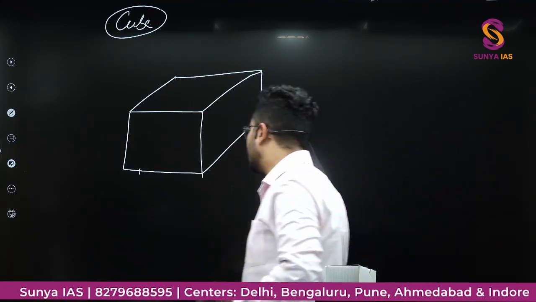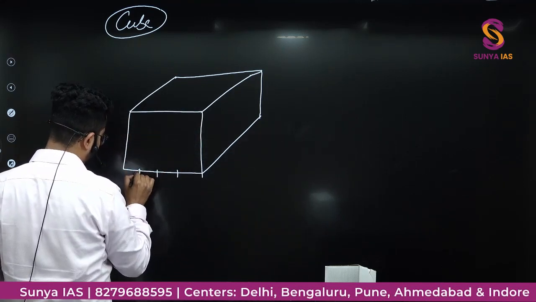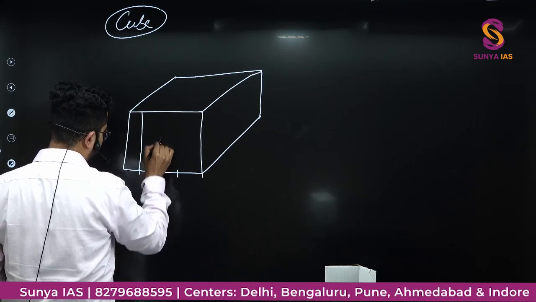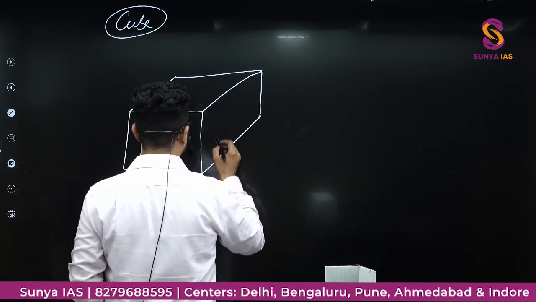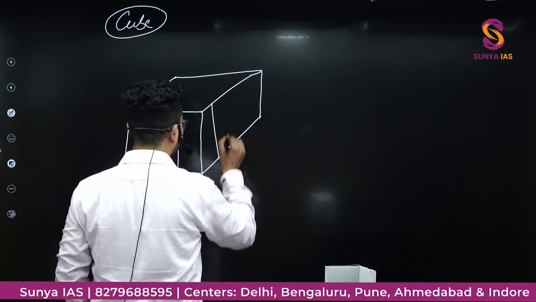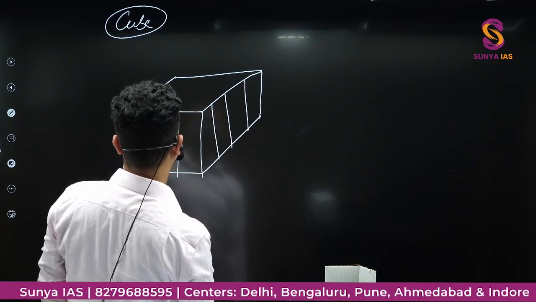So 1, 2, 3, 4. So similarly here. This became a bit crooked, just a second.